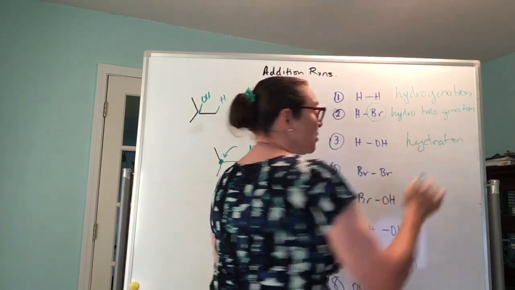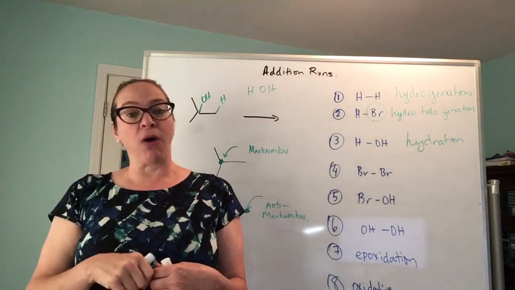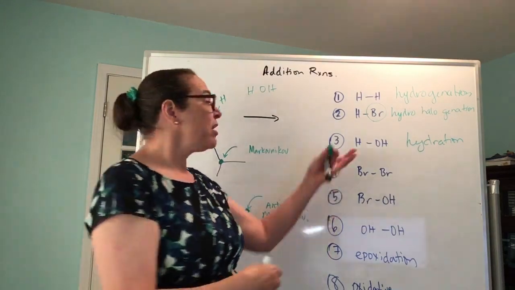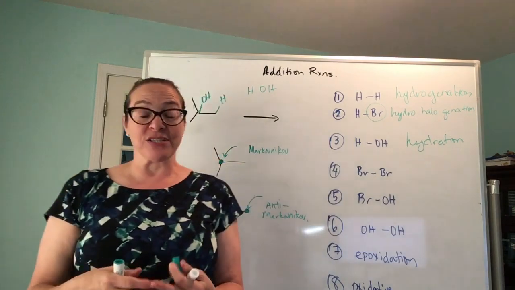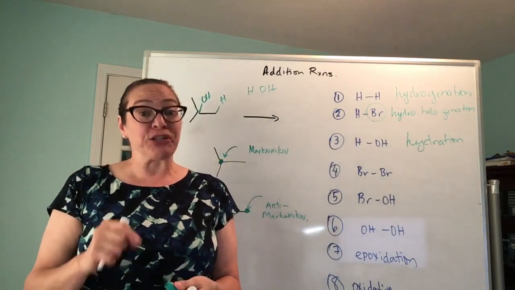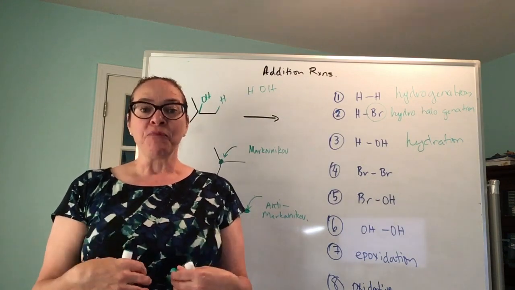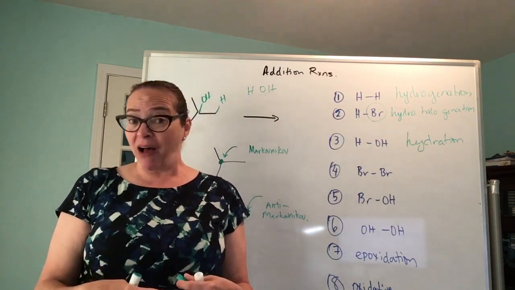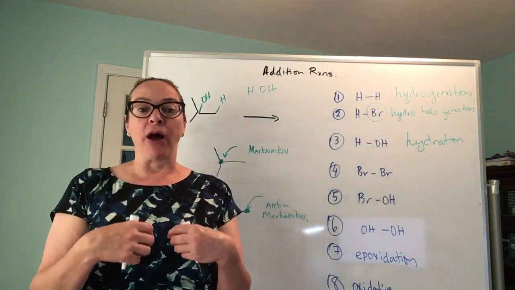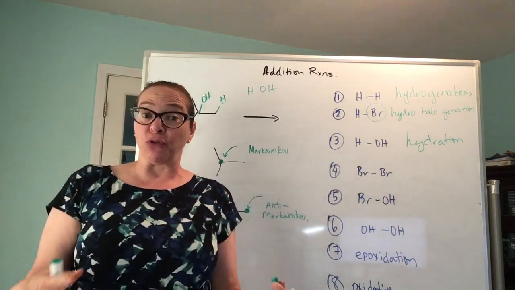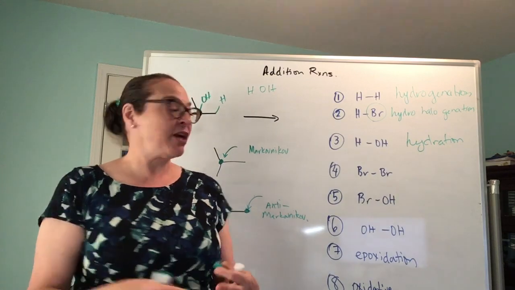So hydration reactions, just like when you drink water after you've been playing sports, you're hydrating yourself. And it is actually what you're doing. When your body loses water, your body is creating double bonds. When you're drinking water, that water then adds across the double bonds to give you something that is full of water and is more hydrated.